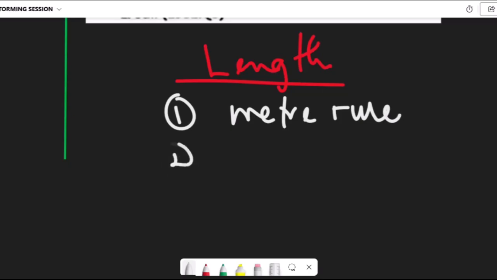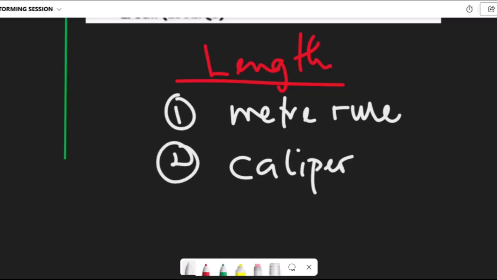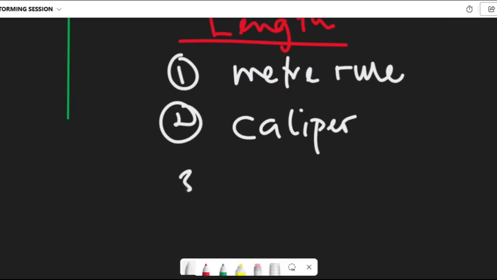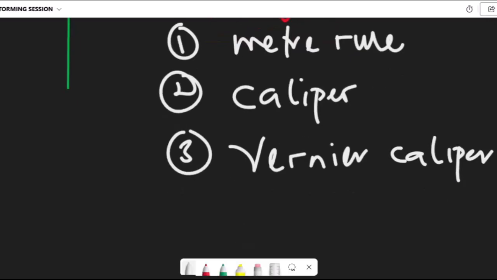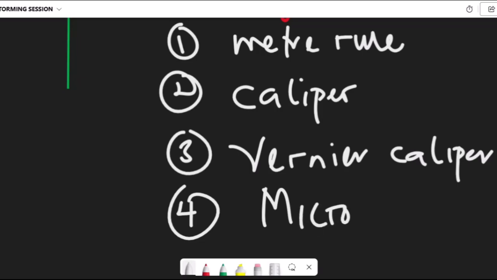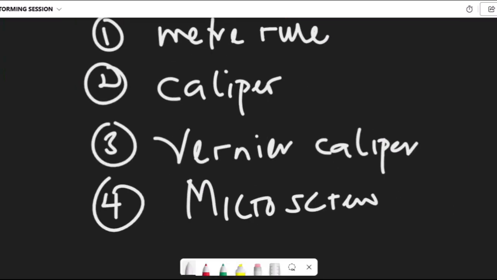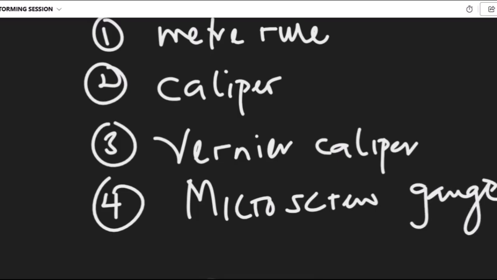Number two, we make use of caliper. Number three, we make use of vernier caliper. And number four, we make use of micro screw gauge. These are the instruments we use to measure the length of a material.